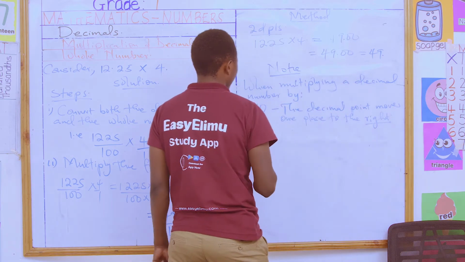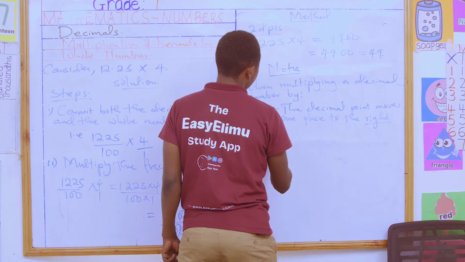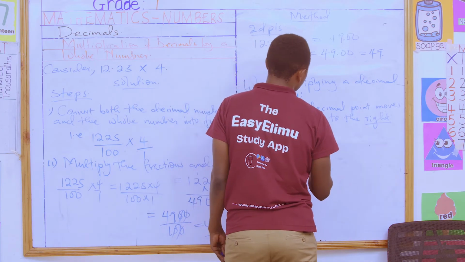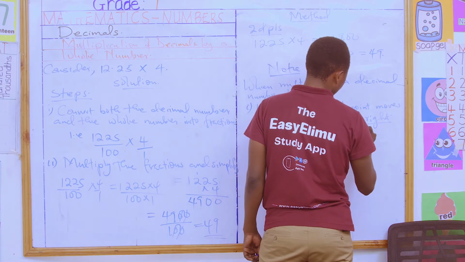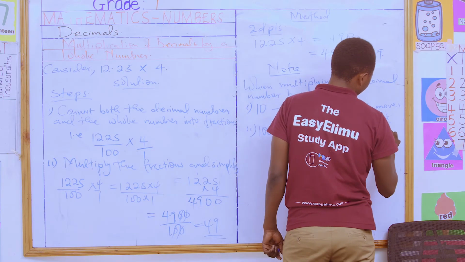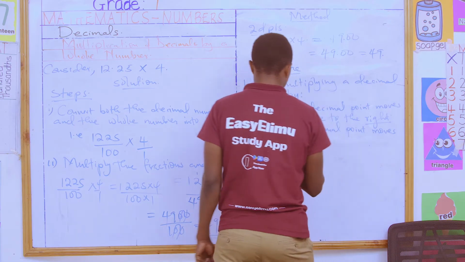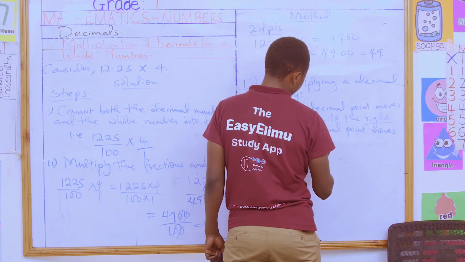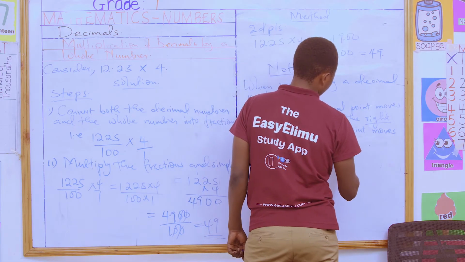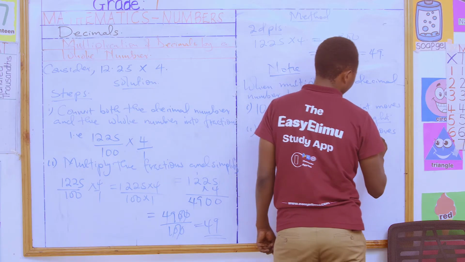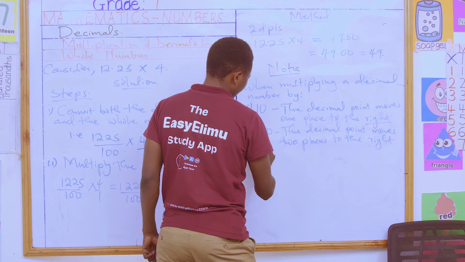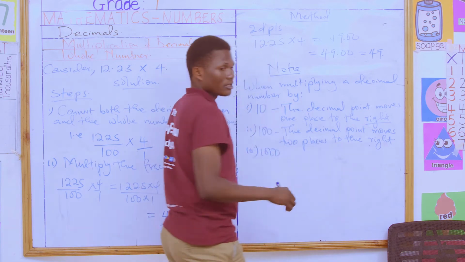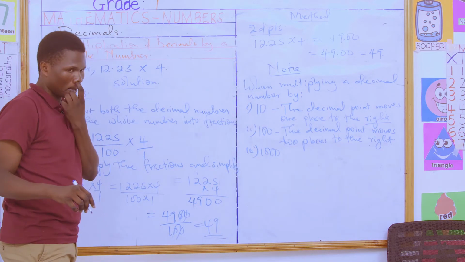The direction is very important. By 100, the decimal point moves 2 places to the right. How about when you are multiplying by 1,000? Yes, Brian? Good.